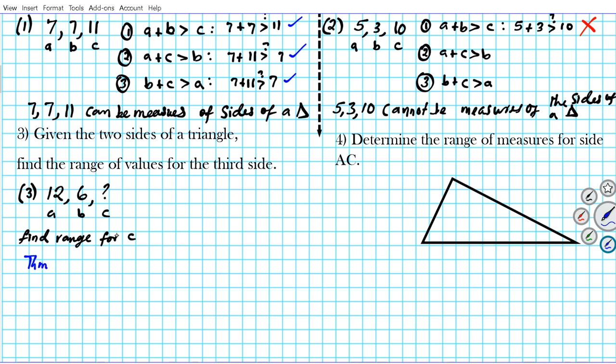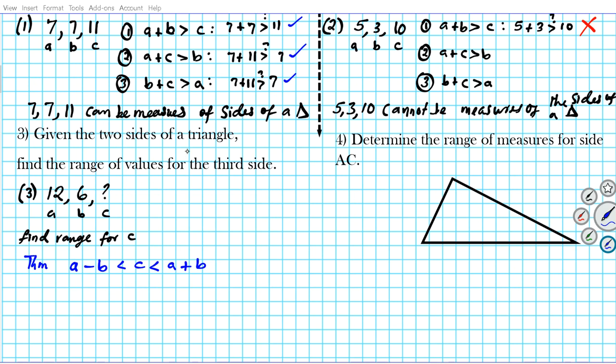According to the theorem, C basically is between the sum and the difference of the other two sides. Righty? So A minus B is less than C, and C is less than A plus B.